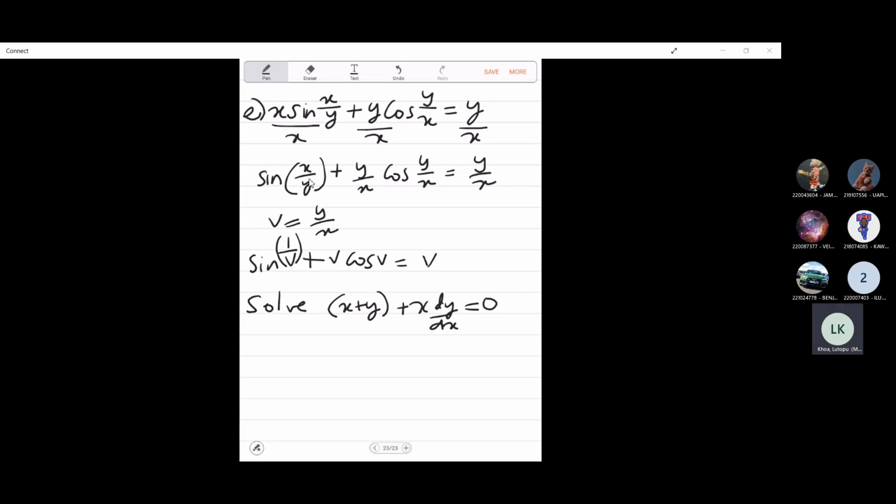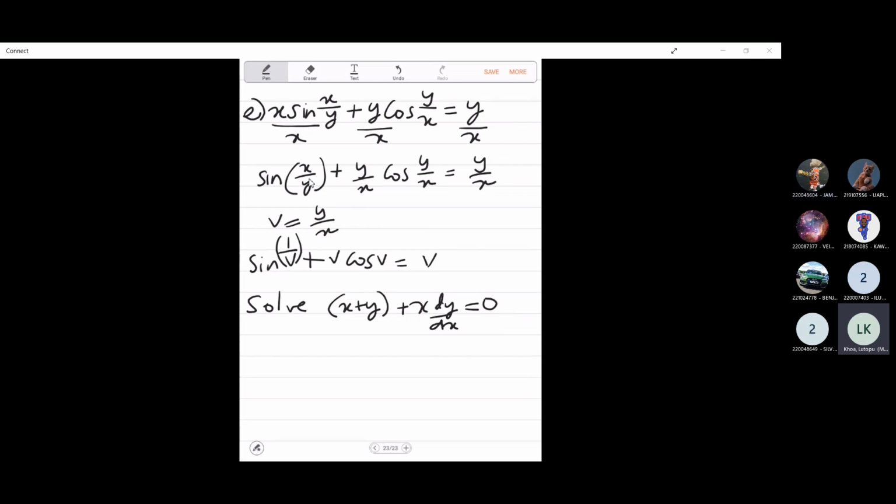Your first thought might be, can I separate them? You can try that, see if it's possible to separate them. If it is possible, which I don't think it is, then you would integrate and solve the way we normally do. But again, here, what we notice is we have a homogeneous equation.